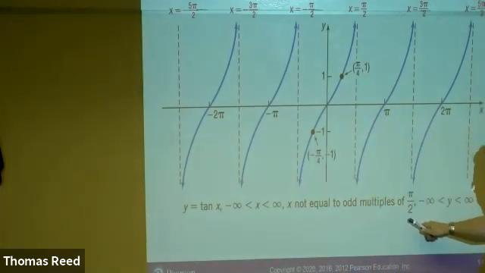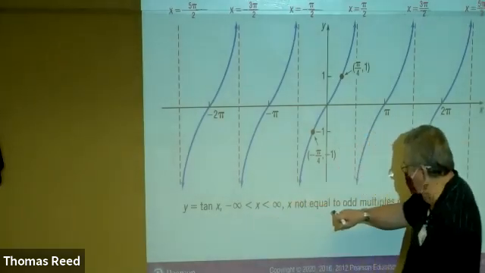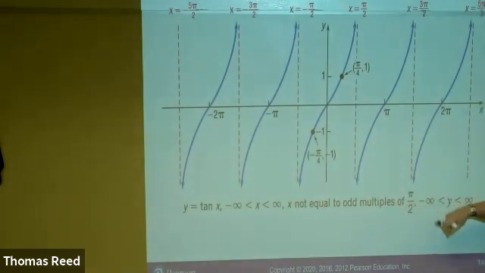Each of these asymptotes is an odd multiple of pi over 2. And the range is all real numbers, because it goes down forever and up forever, and those values are repeated infinitely. So this is how they state the domain: all real numbers except x not equal to the odd multiples of pi over 2.